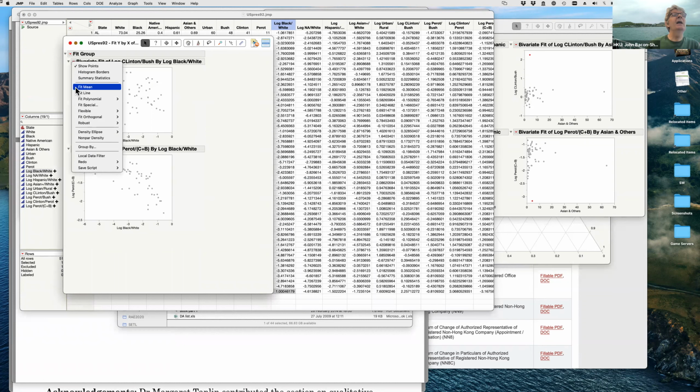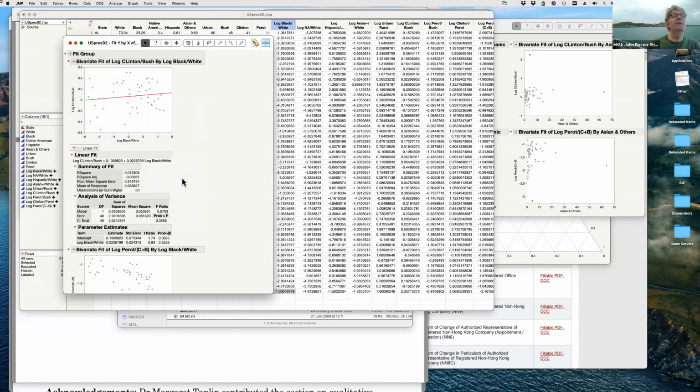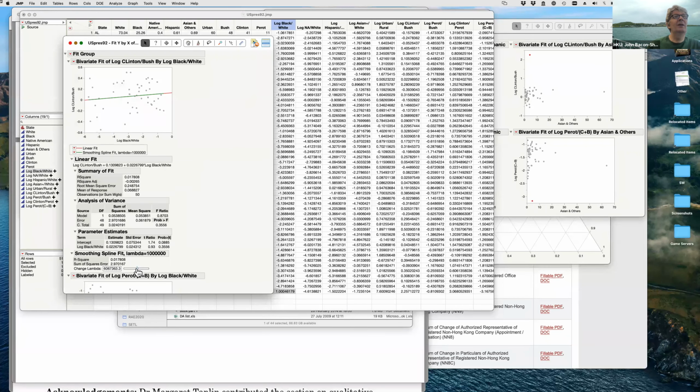Can we see any pattern for Clinton versus Bush? It's not significant. If I choose the smoother now, so that I no longer have it biased upwards by Washington, you can see there doesn't appear to be much pattern at all.